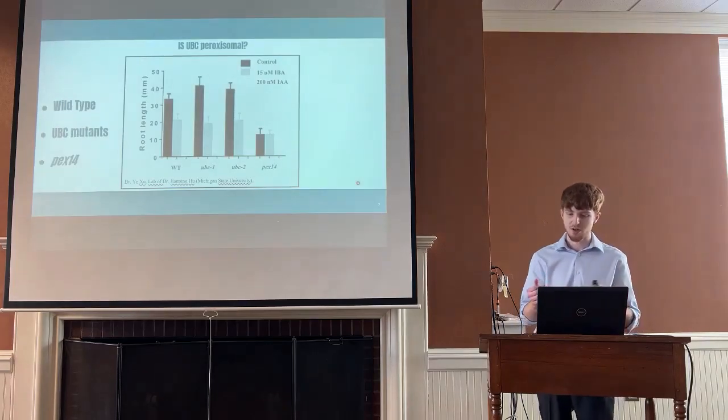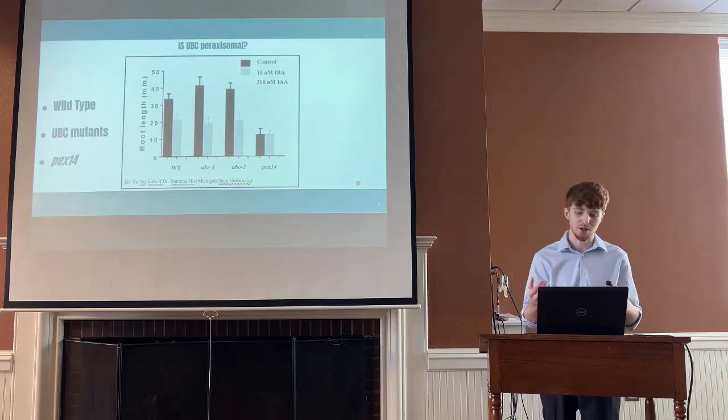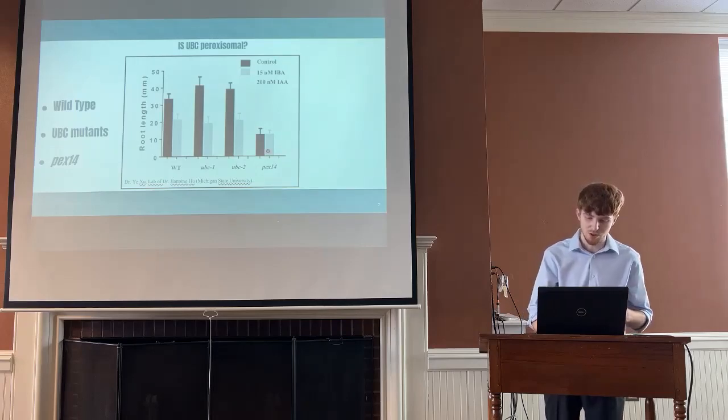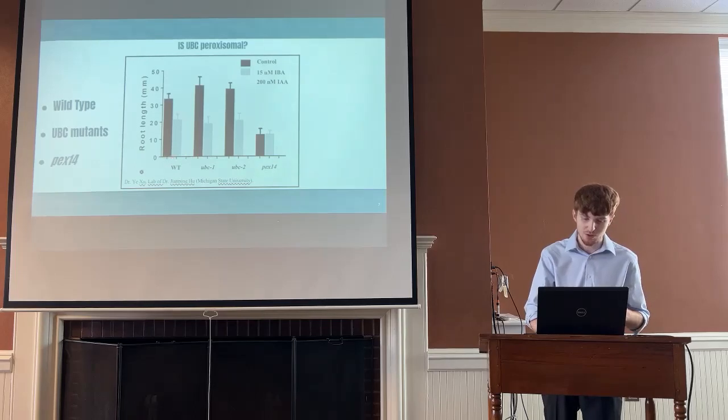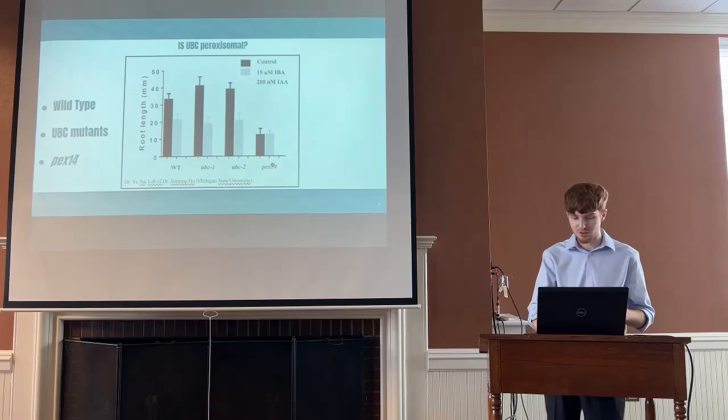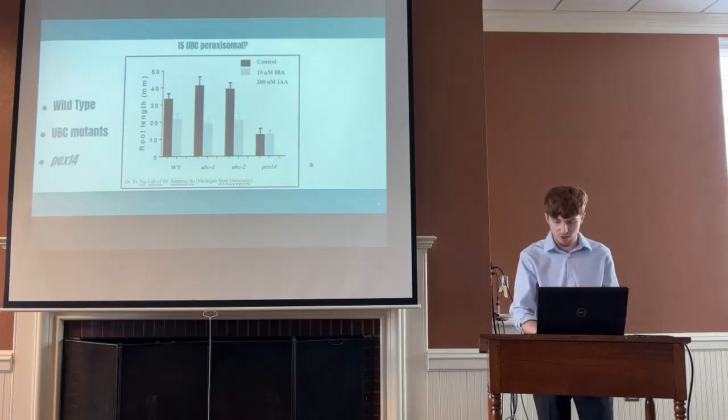So this figure highlights the preliminary experiment that I performed an experimental replicate on through my research project. You can see here these are the genotypes used: wild type, then the mutants UBC1 and UBC2, and then PEX4.